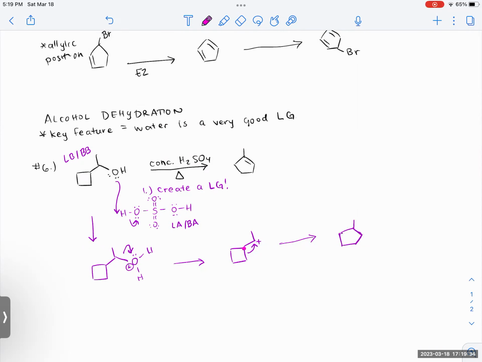This was where we originally had the bond, so it just shifted over one. And now we have a positive charge here instead. So we're going to have a hydride shift.